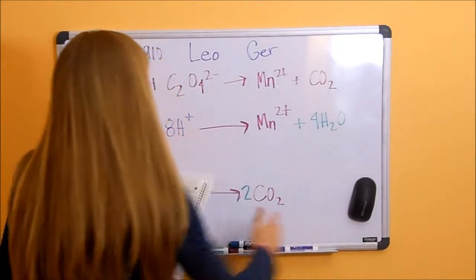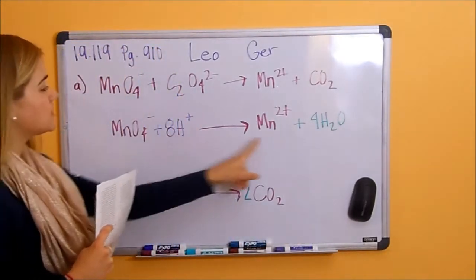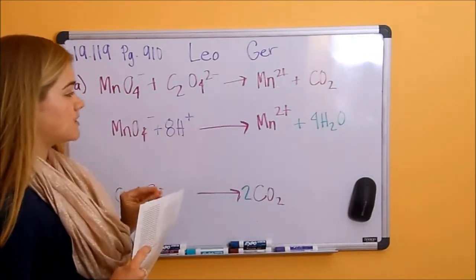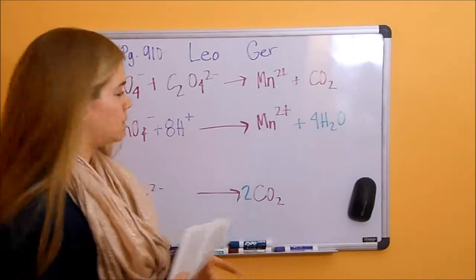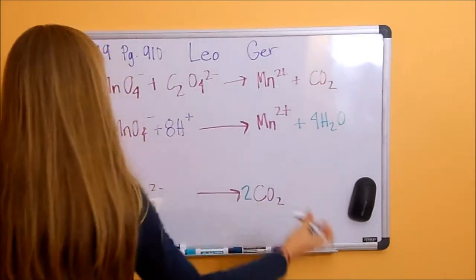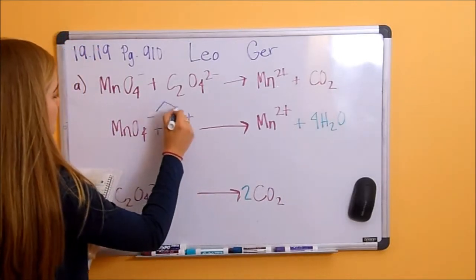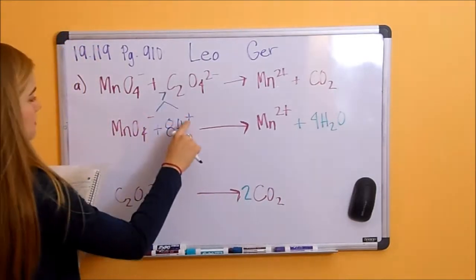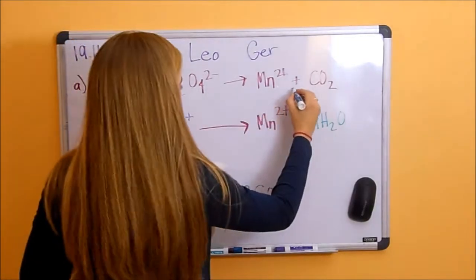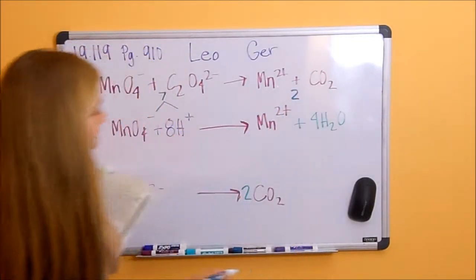Now the next step is to balance these charges by adding electrons, because the charges on both sides aren't equal and they need to be equal. On this side, the charges sum up to 7, because positive 8 plus negative 1 is 7. And on this side, they add up to 2.